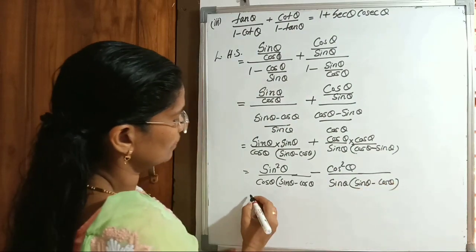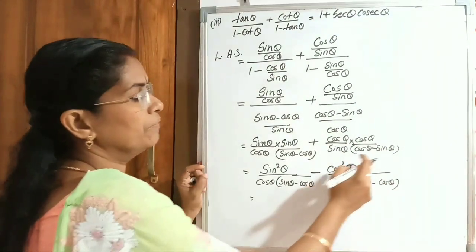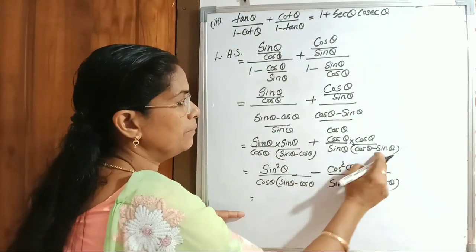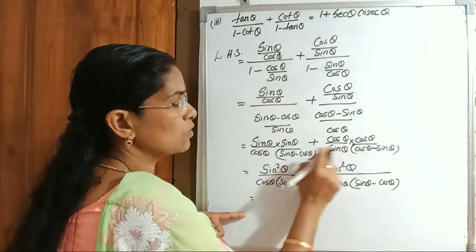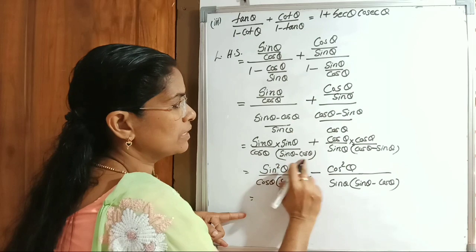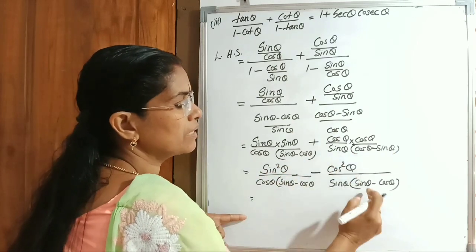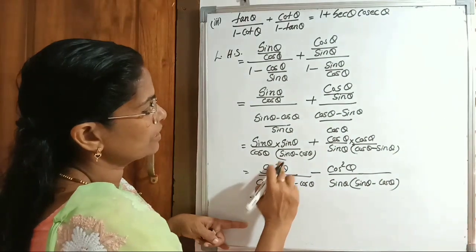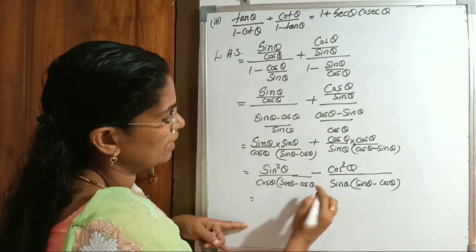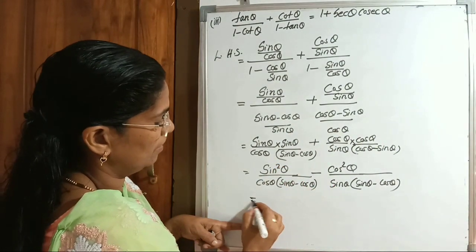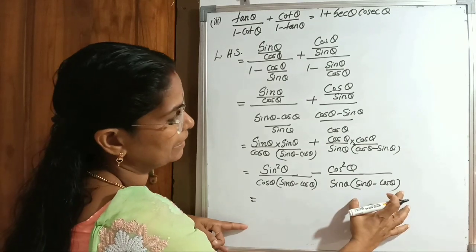Okay, clear this step? From here we have to take the same term, that is why we are taking minus common. Here sin theta minus cos theta, but here cos theta minus sin theta. So we are taking minus common, then it becomes sin theta minus cos theta. So sin square theta divided by cos theta into sin theta minus cos theta on the first term, and the second term is this one.